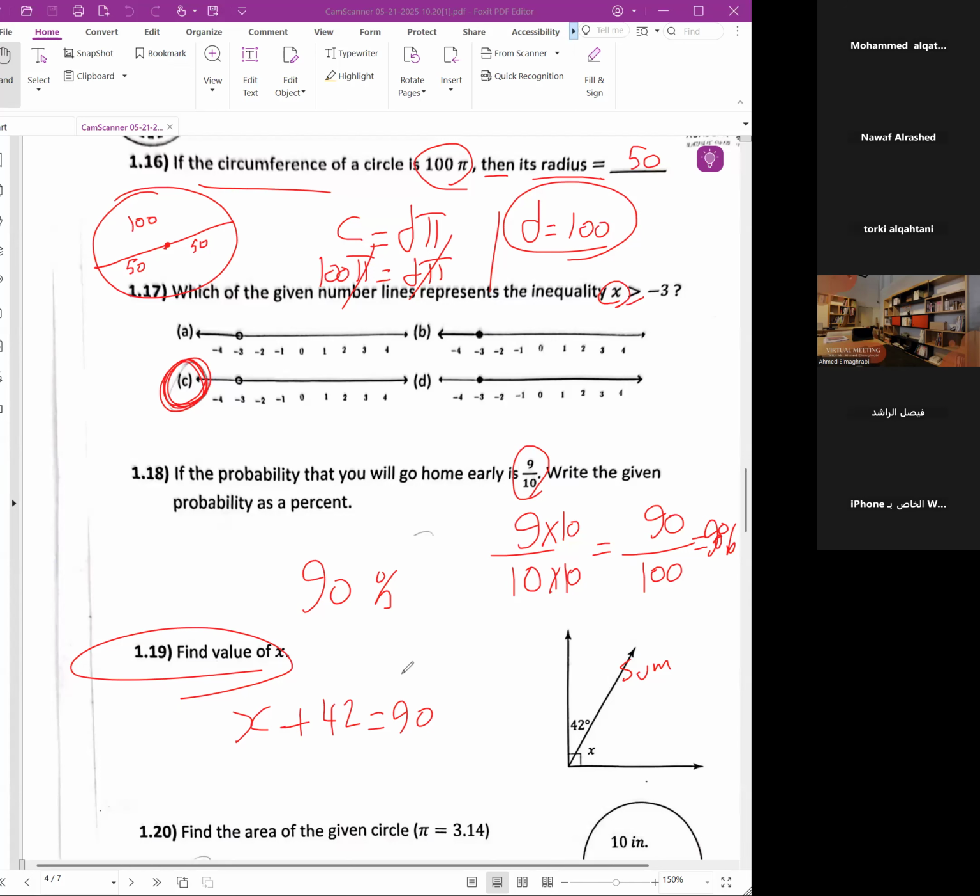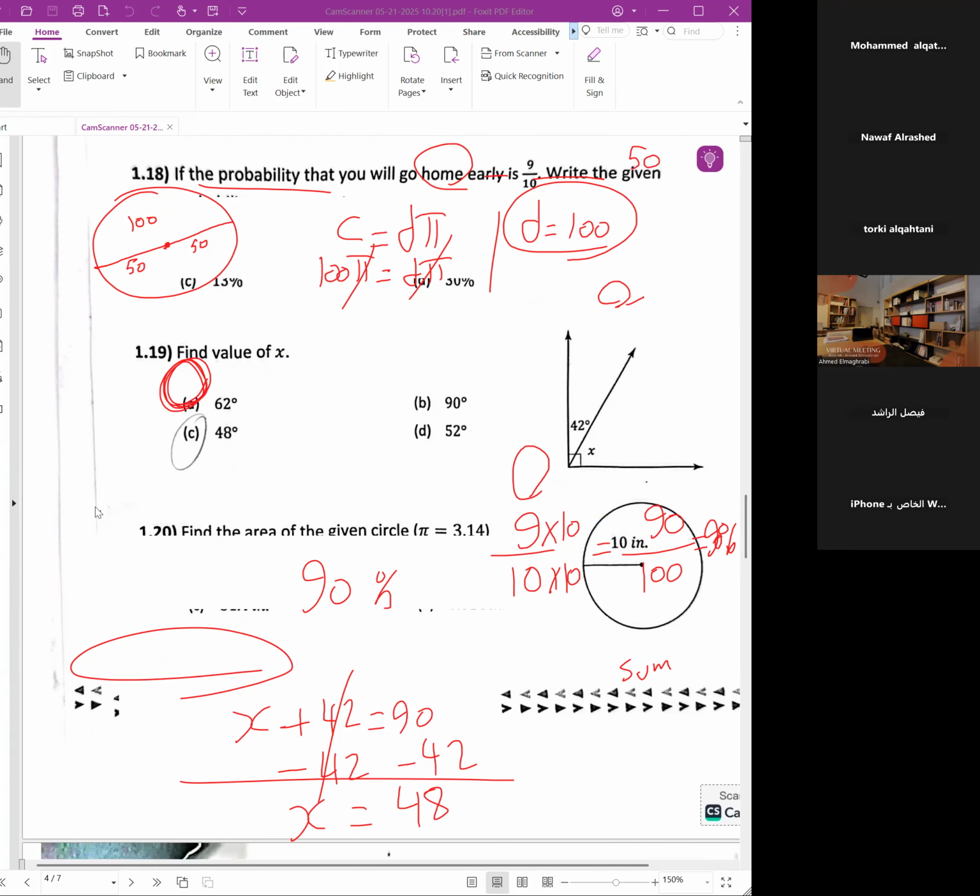Nawaf, excellent. Muaz, perfect. We should subtract 42 from both sides. Subtract 42. Okay, so x equals 48. 48, excellent. The next question.